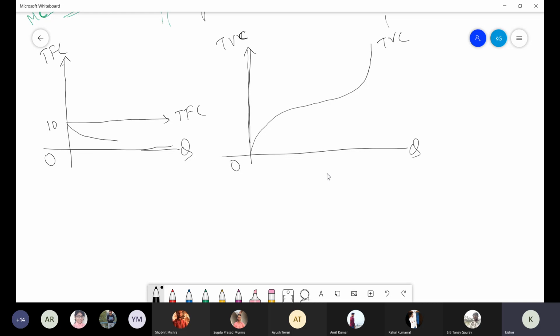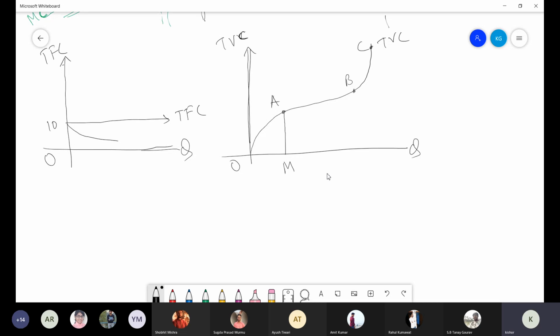TVC by Q. TVC by Q means, suppose you identify 3 points here. Suppose this is A, this is B, this is C. Suppose this is M.